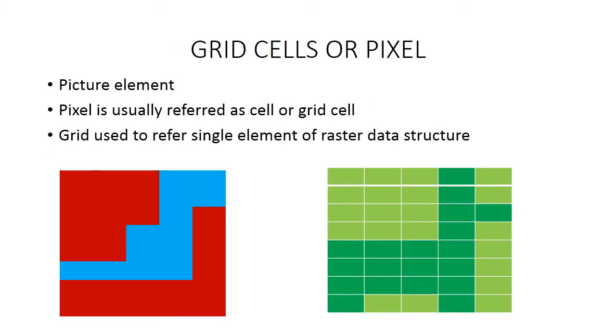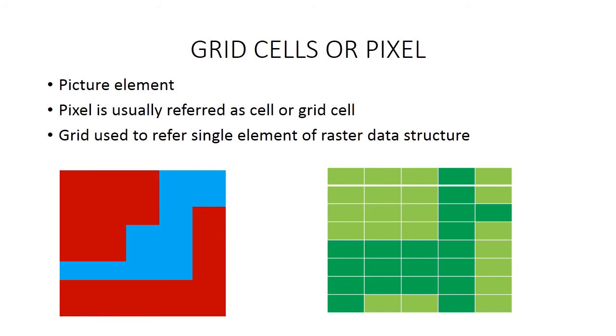Grid cells or pixels. A pixel is the contraction of the words picture element. In raster GIS, the pixel equivalent is usually referred to as a cell element or grid cell, meaning in a raster grid, cell or pixel is one and the same thing.